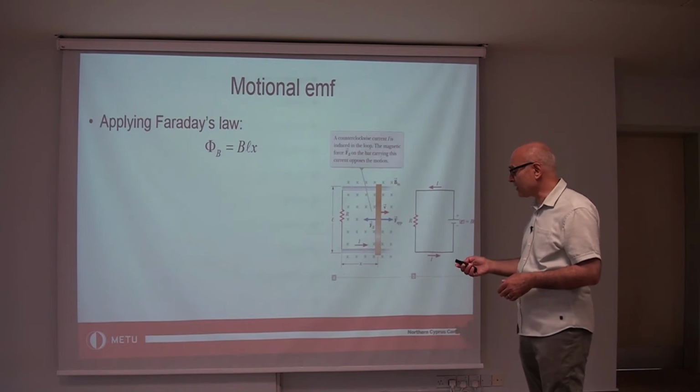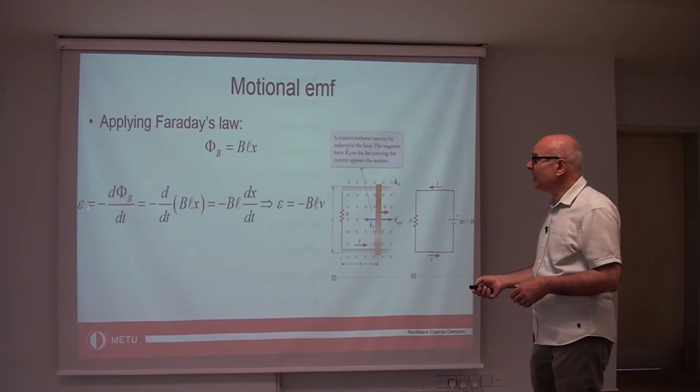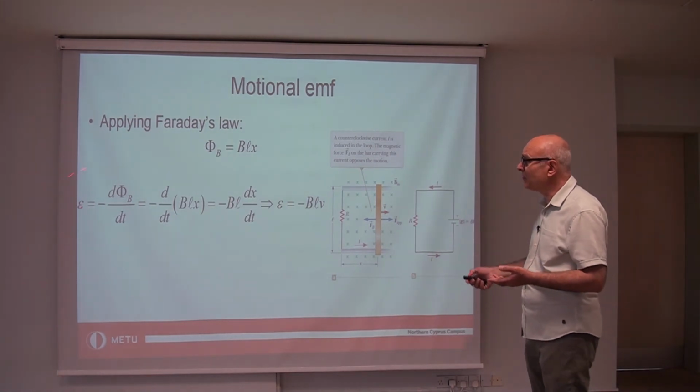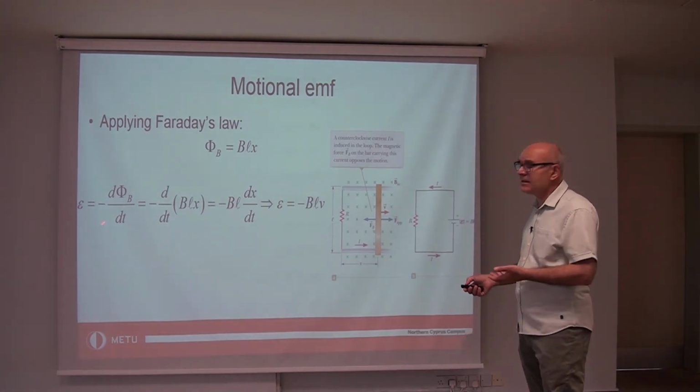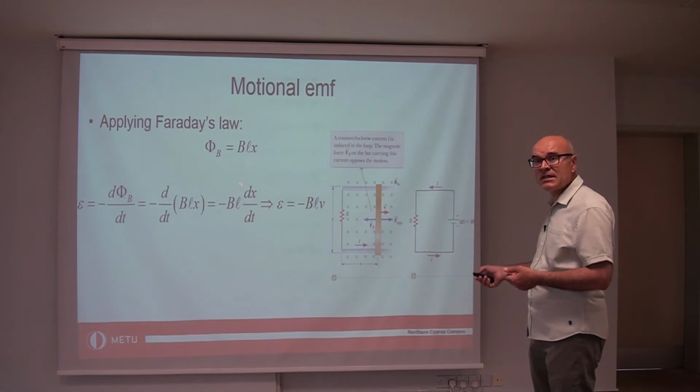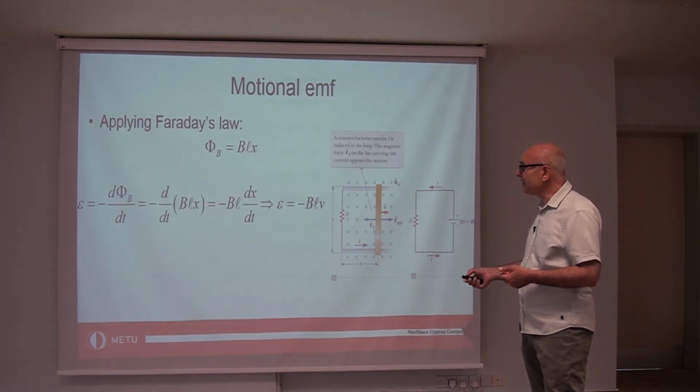This is the flux. Now, the electromotive force according to Faraday's law is given by minus d phi by dt, minus the rate of change of the flux. Now, B and L are both constants, so the only thing that varies with time is x. So we take the derivative of x with respect to t. But what's dx by dt?